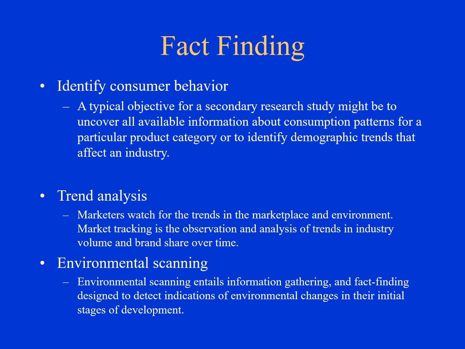Market tracking is the observation and analysis of trends in industry volume and brand share over time. While environmental scanning entails information gathering and fact finding designed to detect indications of environmental changes in their initial stages of development.